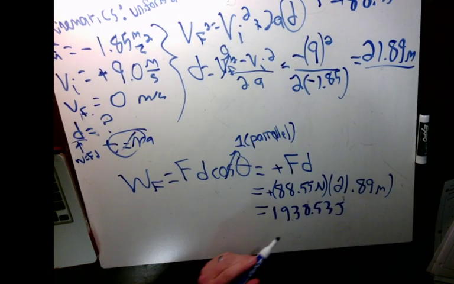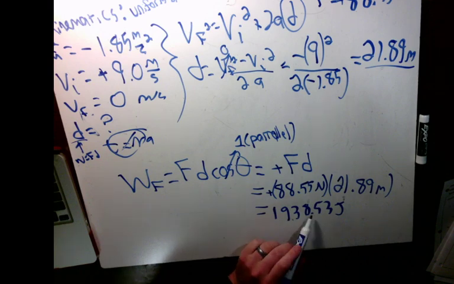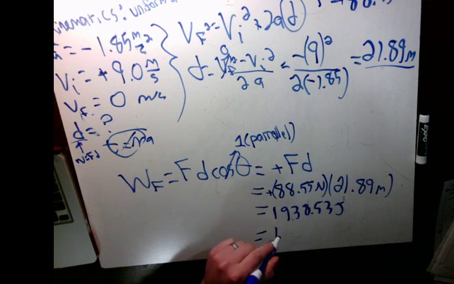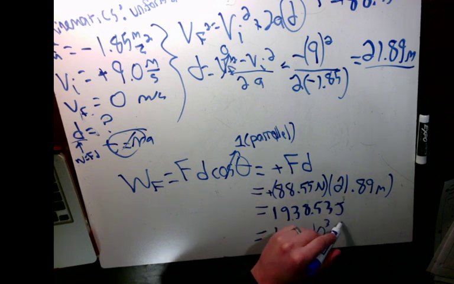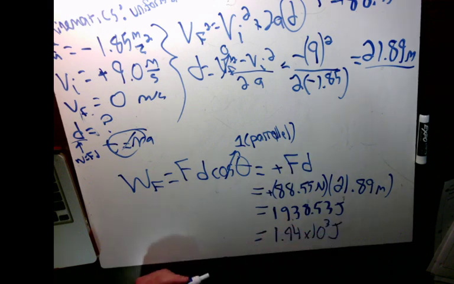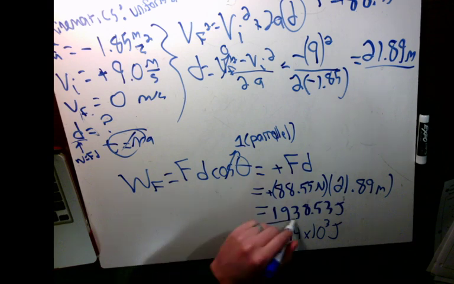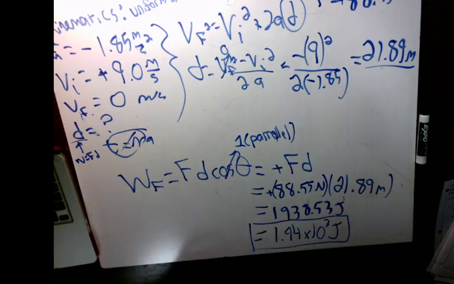Again, we can convert this into scientific notation or kilojoules. I'll do it different than I did last time. I'll convert it to scientific notation: 1.94 times 10 to the 3 joules, or kilojoules. That's essentially what that means.